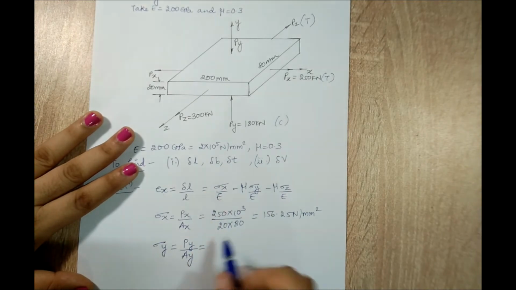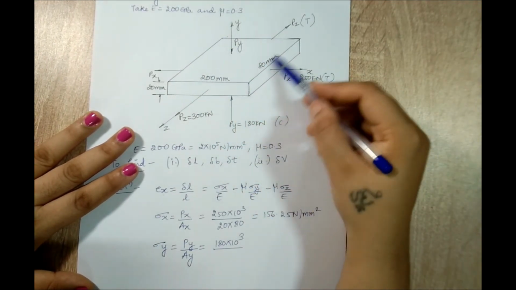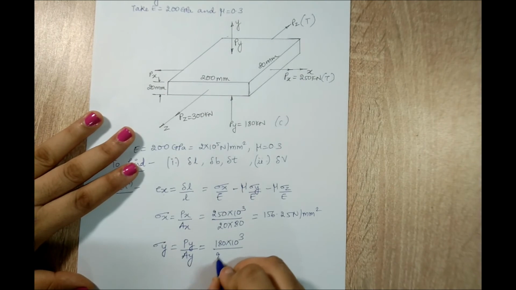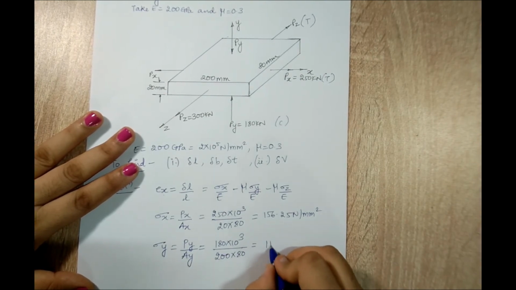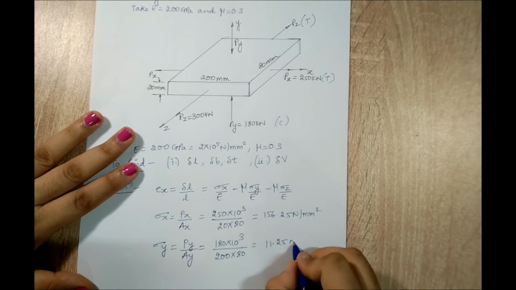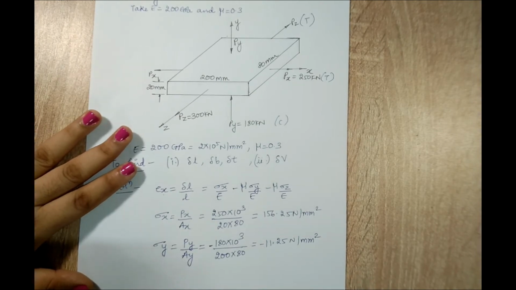Py is 180 into 10 raised to 3, and the area on which Py is exerted is 200 by 80. So I get the answer as 11.25 Newton per mm square. Now since this is of compressive type, I have to use a negative sign.